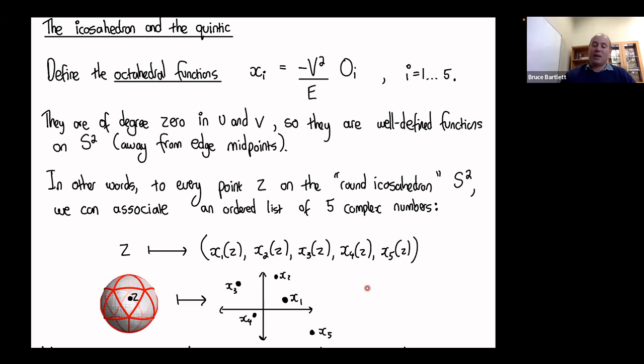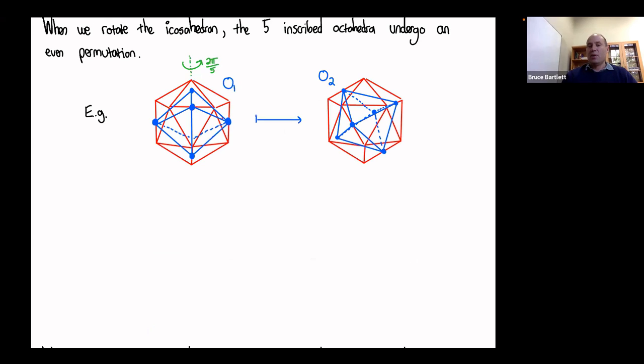And voila, I've constructed a quintic. When we rotate the icosahedron, the 5 inscribed octahedra undergo an even permutation, as I explained earlier. So, for example, if I were to rotate the icosahedron around this vertex by 2π/5, this octahedron will get rotated into this one.